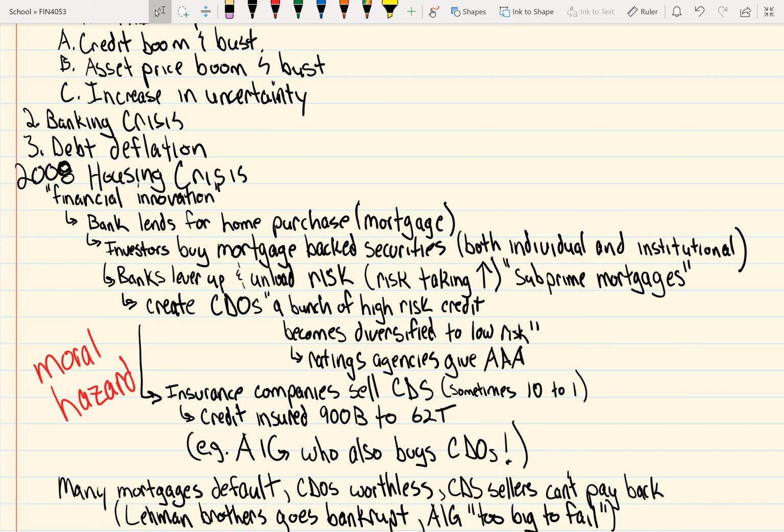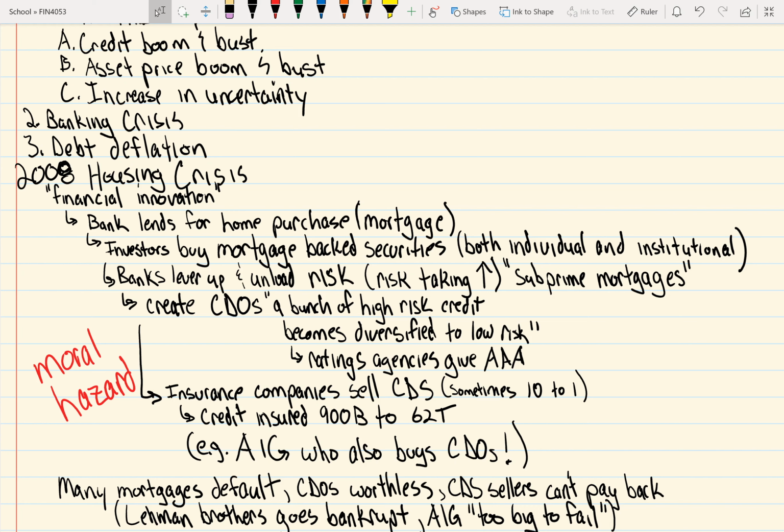In addition to this, another financial innovation was made by insurance companies, because they saw all this going on and they essentially wanted to get in on these profits. So they developed something called a CDS, or a credit default swap.